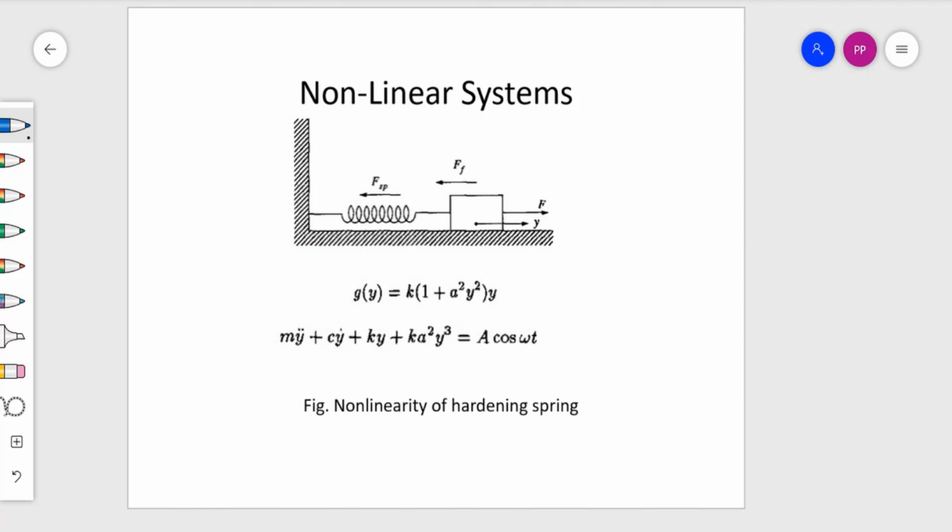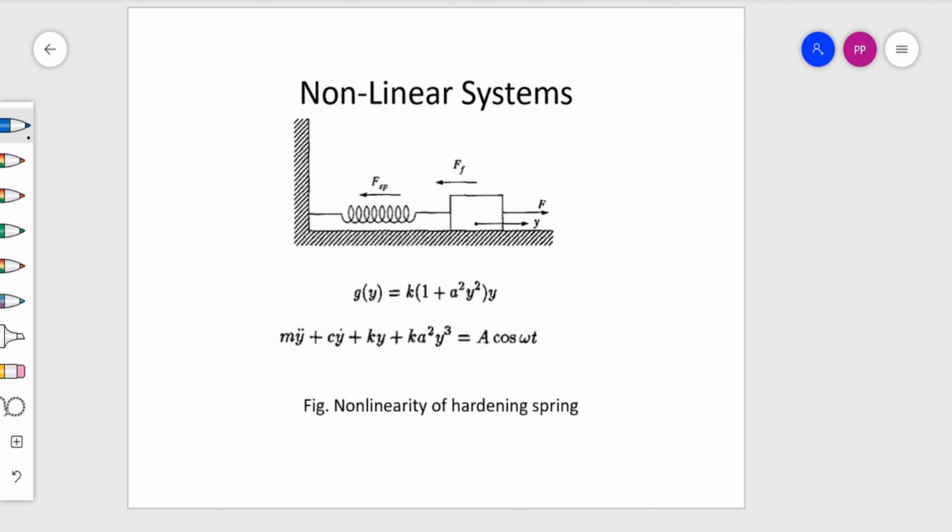So the spring force FSP is applied against the applied force to the right, which is capital F, and against this capital F we have the spring force FSP and the damping force capital F subscript F, and there is displacement if the applied force capital F is more than the combined effect of damping force and the spring force.